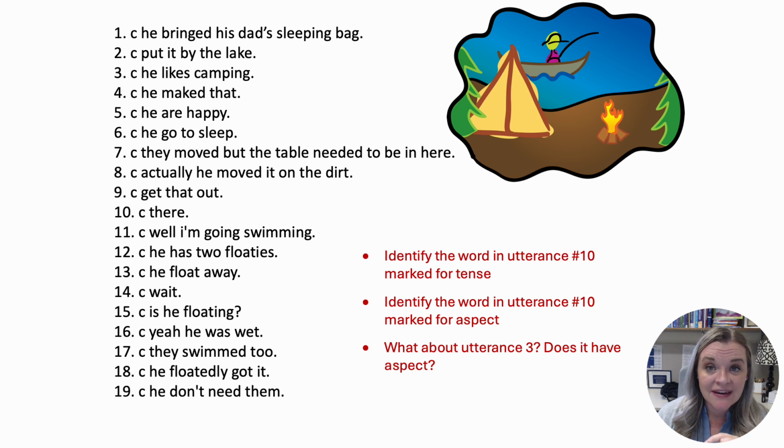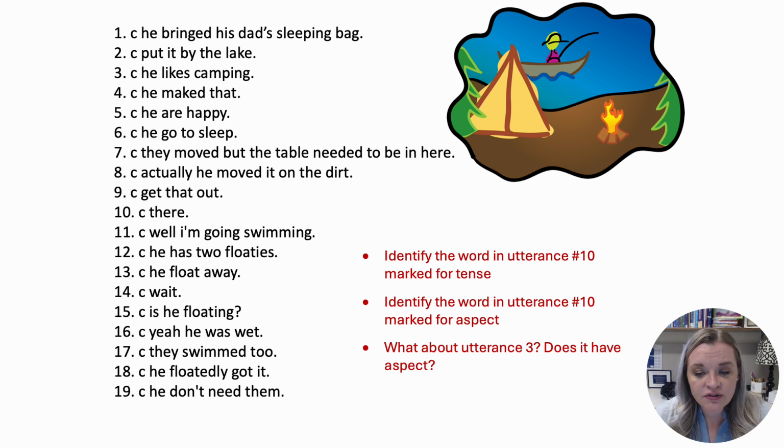I'm going swimming. I is the subject. Am is the auxiliary. And going is the aspect, like the second verb right there. So the first verb is marked for tense, am. Okay? Now the word marked for aspect in the same utterance, number 11, hopefully you got is going, and that's marked for present progressive.